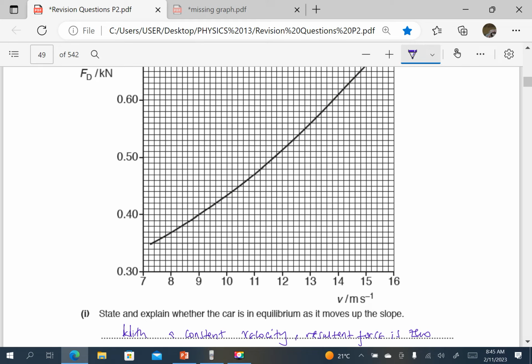So let's look for a speed of 9 meters per second. So 9 meters per second corresponds to 0.4 kilonewtons.